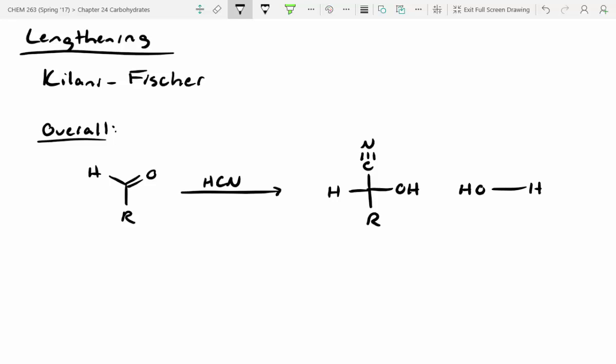Typically this is done with an aqueous workup. You typically don't want to add a lot of acid though, or else you'll poison yourself. So these are called cyanohydrins. We talked about these briefly in the chapter where we covered aldehydes and ketones, and we said if you make these, you can react them and interconvert them to carboxylic acids, right?